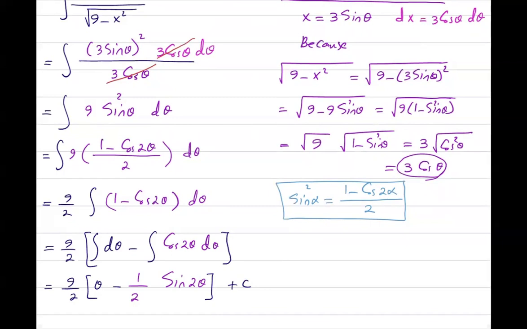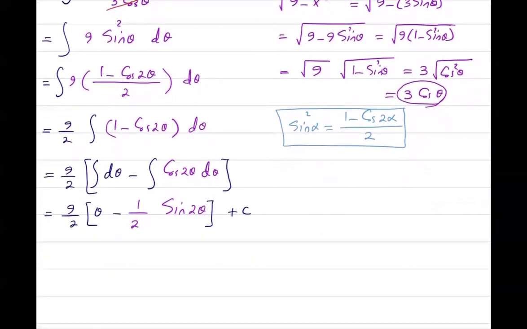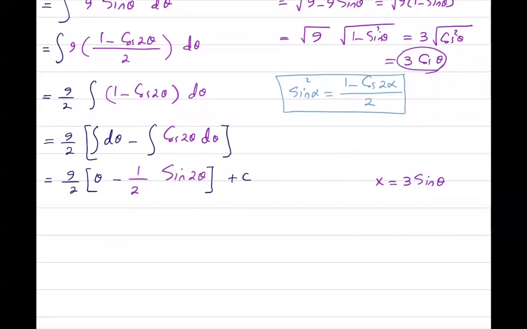But are we done yet? We are not done yet. We need to make some adjustments, all right? Because our original integral is in x. We're going to use the trig substitution that we used here, copy, paste it here, so we make sure we have all the information. And let me write this in distributed form: 9 over 2 theta minus 9 over 4 sine of 2 theta plus c.